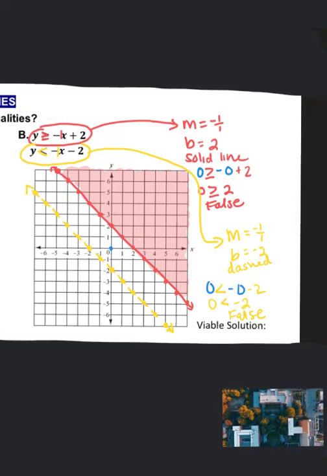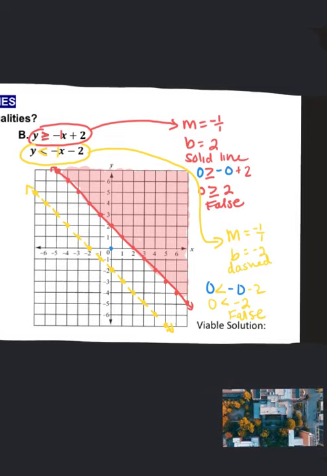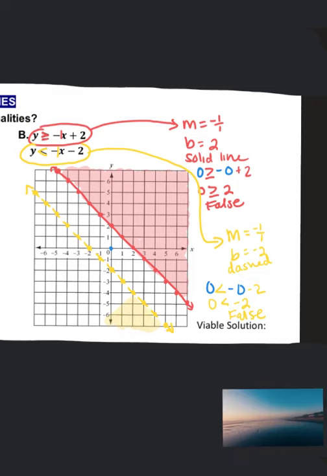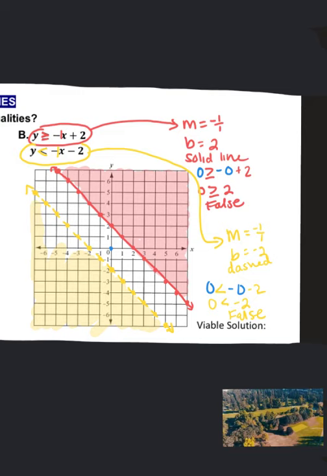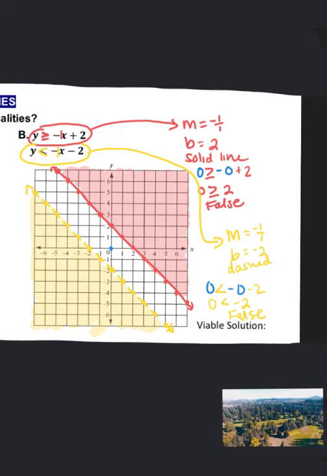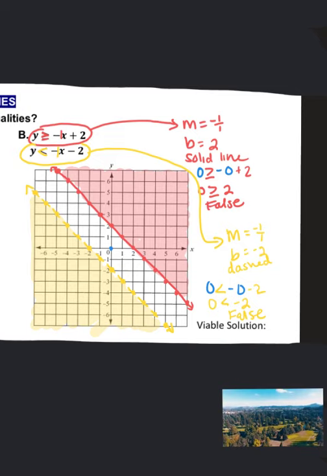So I am going to shade away from 0, 0, which is on the bottom. Now I do not get an overlapped region here. And since I don't get an overlapped region, that means I don't have a solution. So there is no solution for me to give, so there is no viable solution.